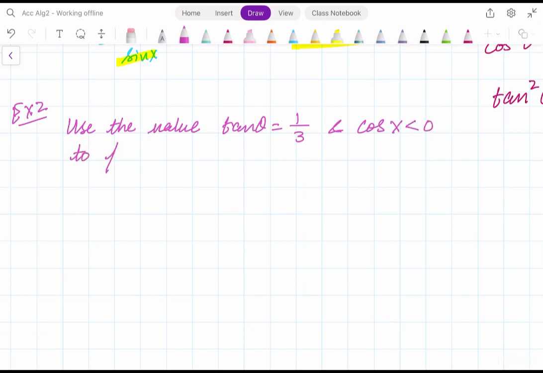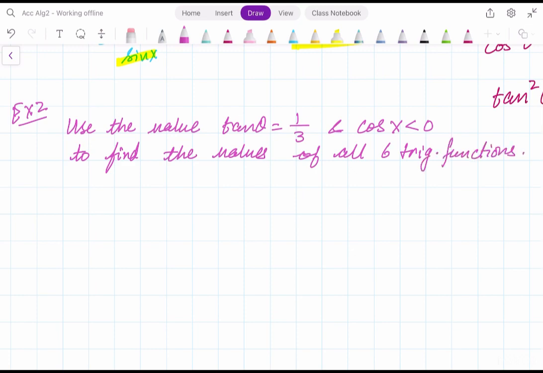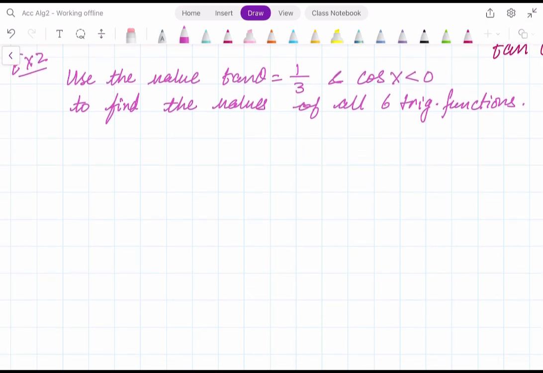Just by looking at cos x is less than 0, on the unit circle where the x value is less than 0, it is either in quadrant 2 or quadrant 3. But it also says tangent theta is 1/3. That means tangent is positive. Tangent is positive in quadrant 1 and quadrant 3. So the quadrant that we are looking for is only quadrant 3, because for cos it is 2 and 3, for tangent it is 1 and 3, and the common one is quadrant 3.